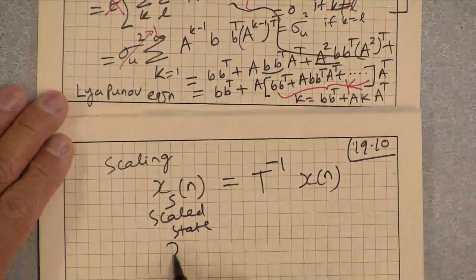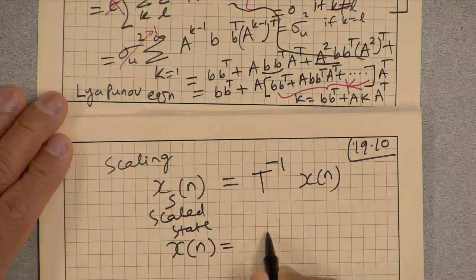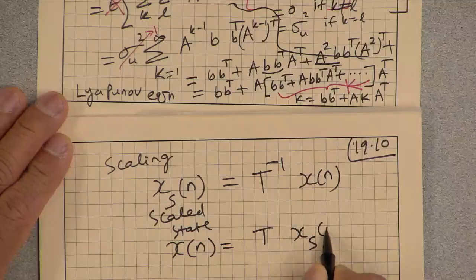Another way to think about that is xn is equal to T times the scaled state.